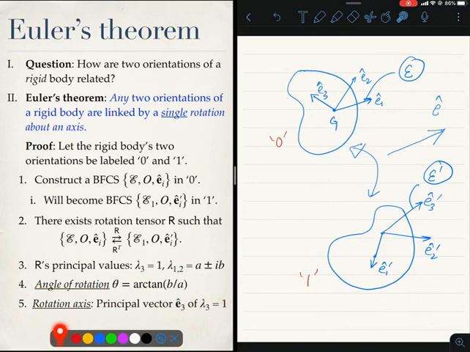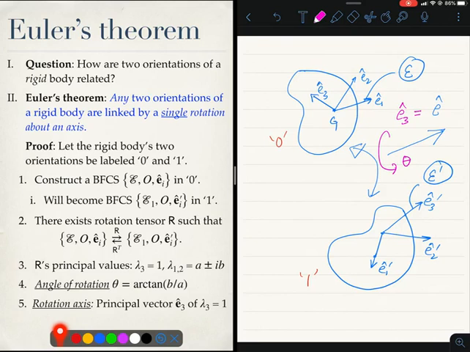So what are my answers to the question that I had posed over here? What is the axis about which I should rotate this rigid body to get its new orientation? Well, this axis is E3 and the amount of rotation is theta, and this is how I compute theta, and E3 is computed as the real principal vector of R, and R I can compute.